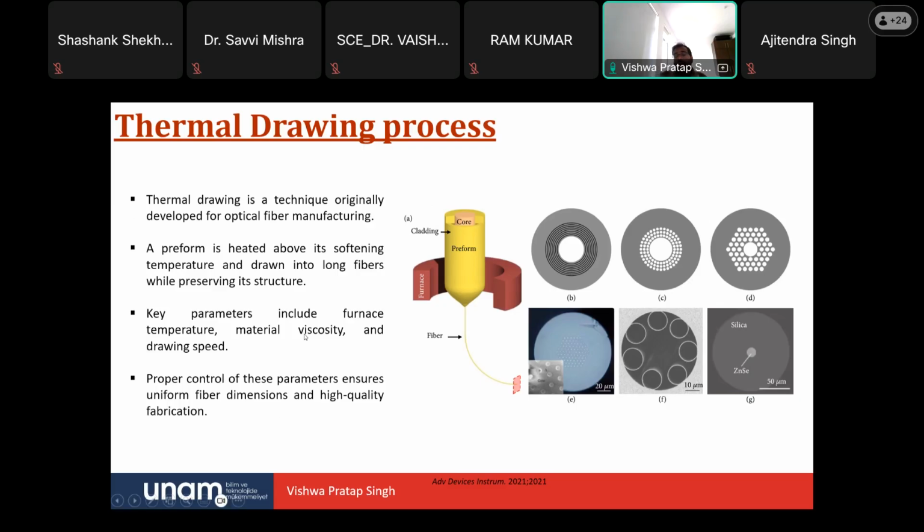But there are some parameters that need to be taken care of. One is the viscosity, another is the drawing speed, how much speed you need to apply, and also the speed at which you are feeding the preform. For this purpose, we need to understand, and also we are not going to draw a single material.